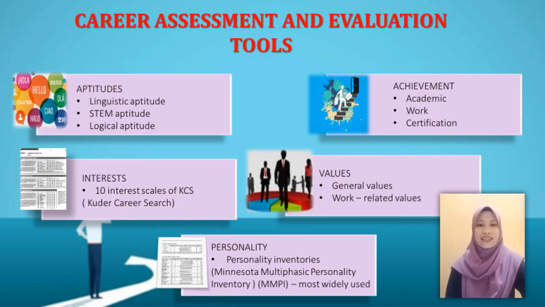Fourth, client values. Values means the principles that help you to decide what is right and wrong and how to act in different or various situations. There are two types of values, which are general values and work-related values.